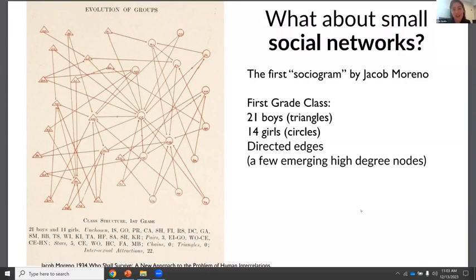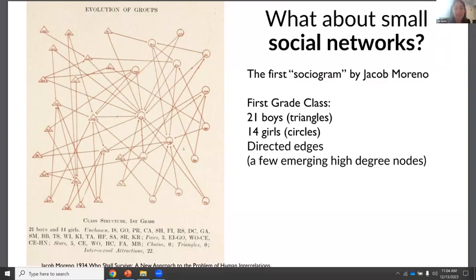The directed edges show who was playing with whom and who nominated whom to be their friend. We see a high degree node here of a girl having a lot of connections, but we also see a process called homophily, in which kids of the same gender tend to connect with each other.